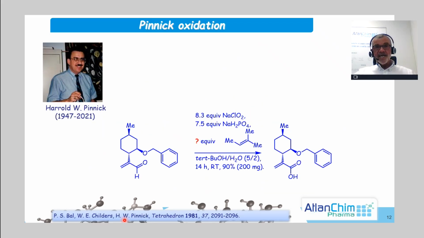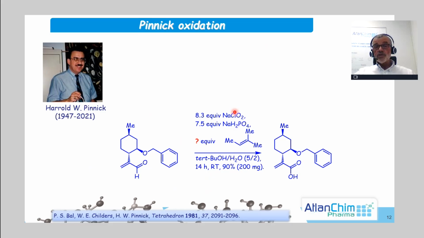In 1981, Pinnick extended these reaction conditions to various alpha-beta unsaturated aldehydes without affecting the carbon-carbon double bond. Here on this slide, you have a representative example based on the experimental conditions established by Kraus a year earlier.